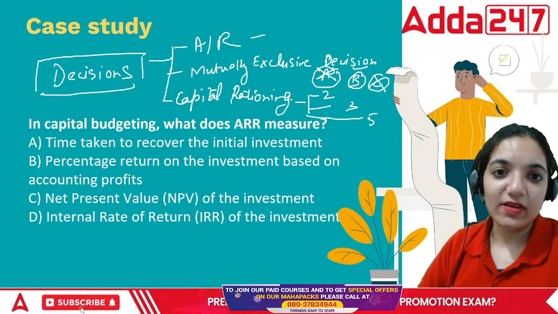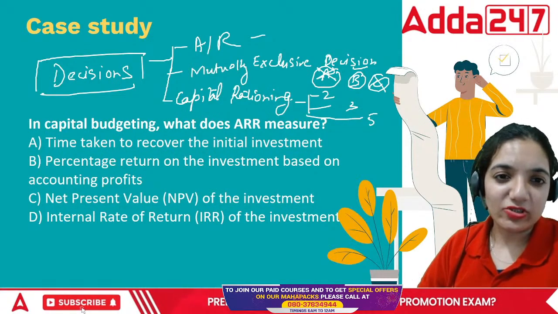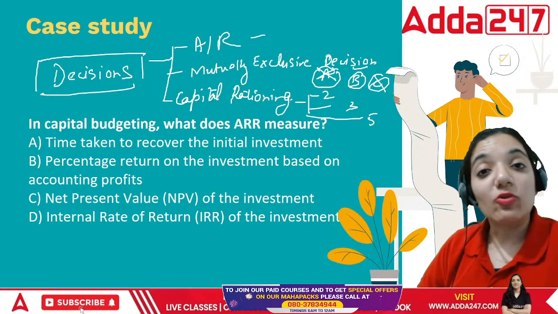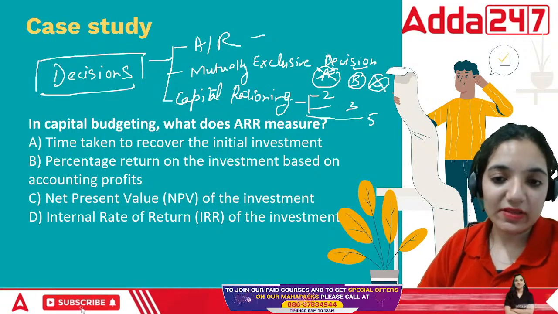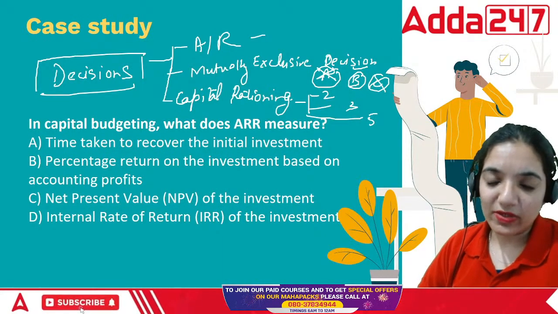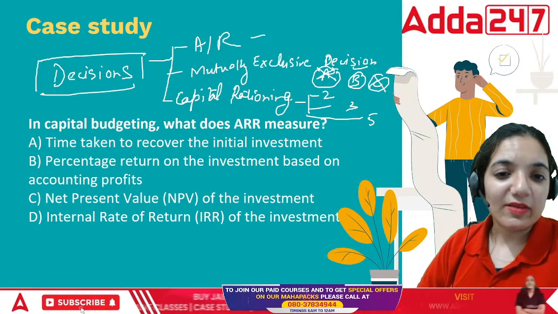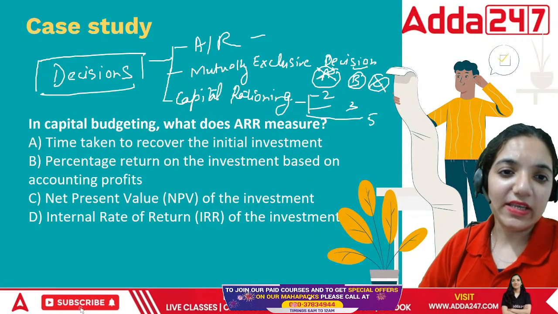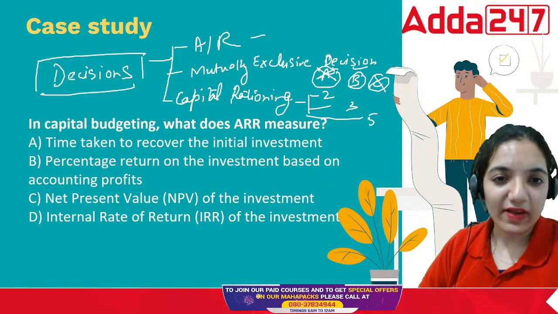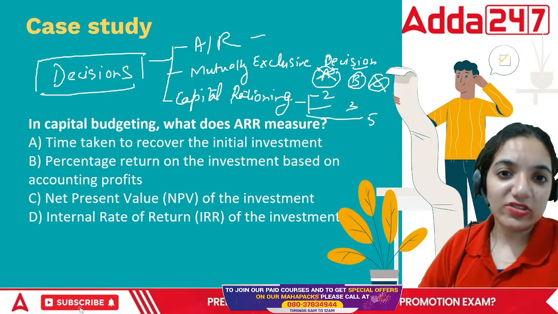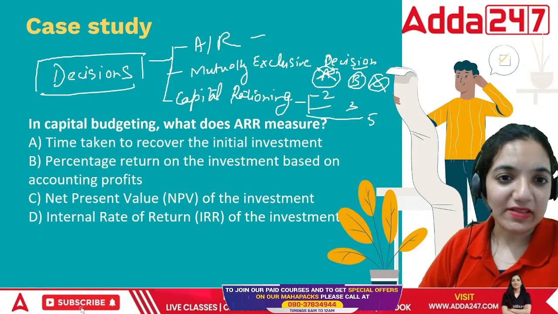In capital budgeting, what does accounting rate of return measure? What does it measure exactly? Accounting rate of return is a traditional method. The option about the time taken to recover the initial investment, the time required to recover the initial investment, is payback period as such.